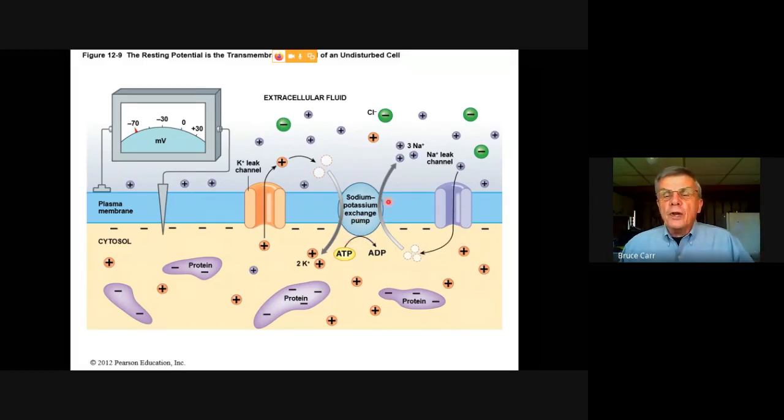The major player here is the sodium-potassium exchange pump. Notice that it uses ATP. Every time one ATP is consumed, 2 potassium are pumped into the cell and 3 sodium are pumped out. Now, the sodium-potassium pump is one that we used as our example of an active transport system at the beginning of the semester.